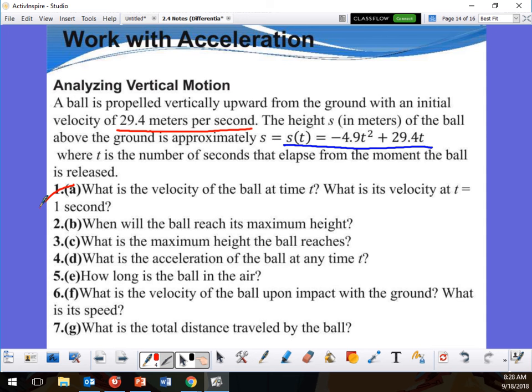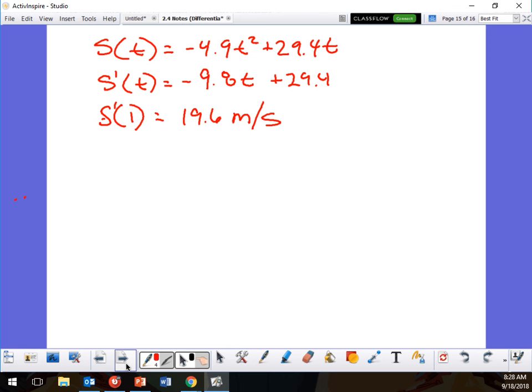When will the ball reach its maximum height? Now, we have to go back and talk about what our derivative represents. What does our derivative represent? Slope, right? Slope of the tangent line.